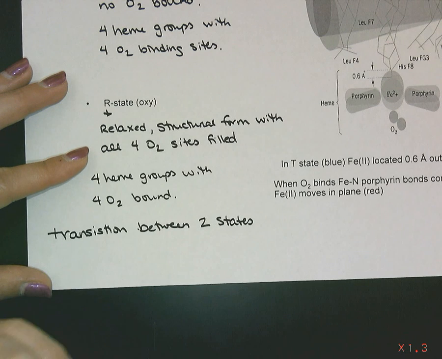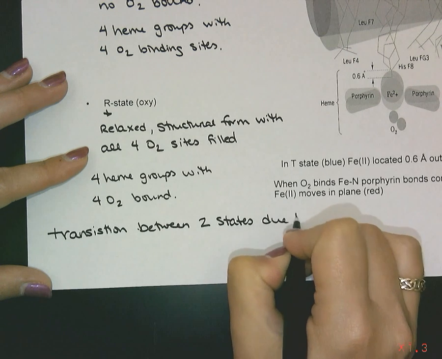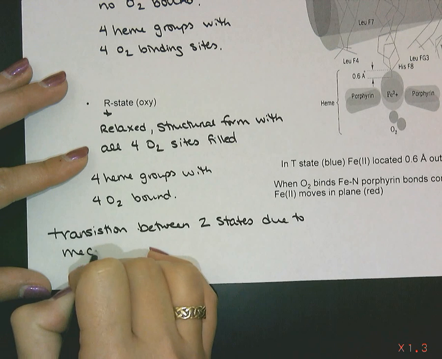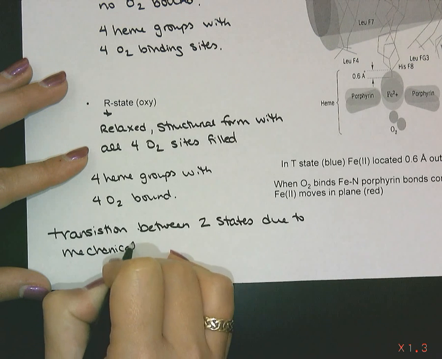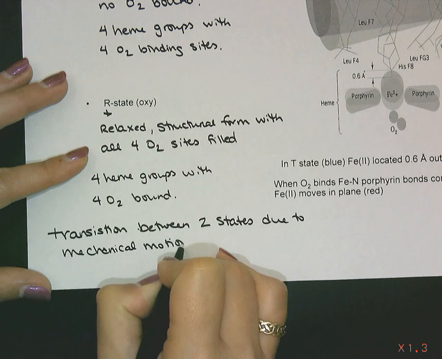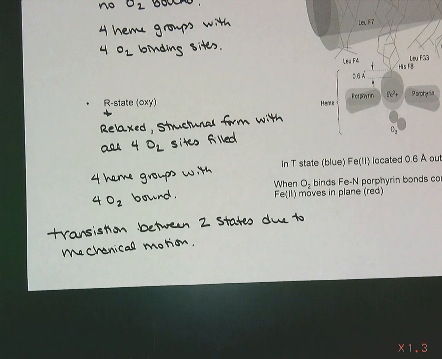So the transition between the two states is due to mechanical motion. Does anyone happen to remember from organic how long the average bond is? Typical bond. About 2 angstroms, correct.